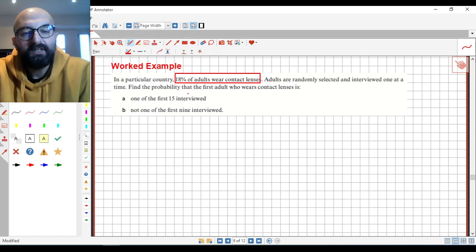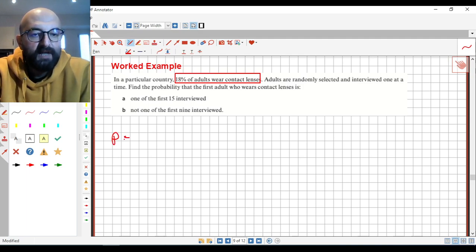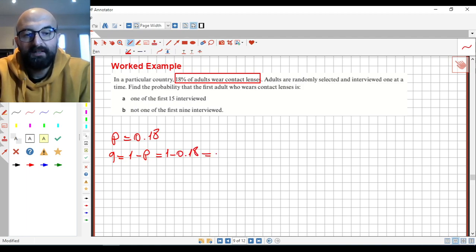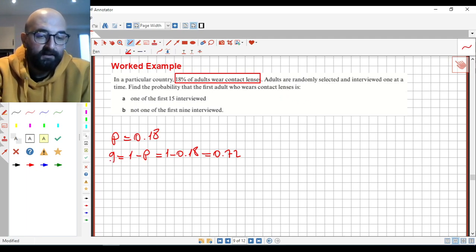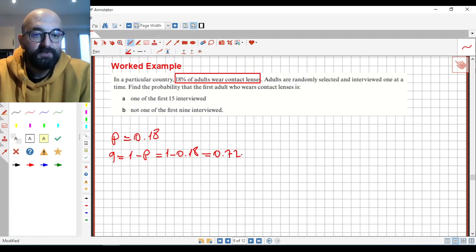The ratio is 18%, so the probability of success is 0.18. The probability of failure is 1 minus p, so 1 minus 0.18, which is 0.72.